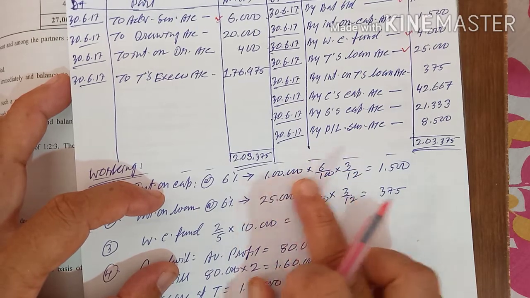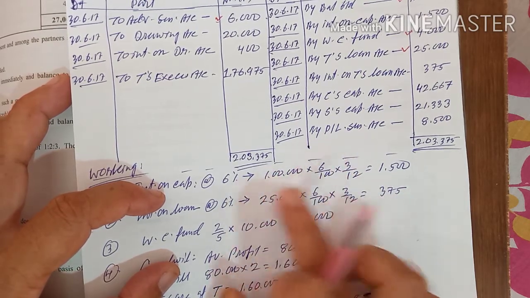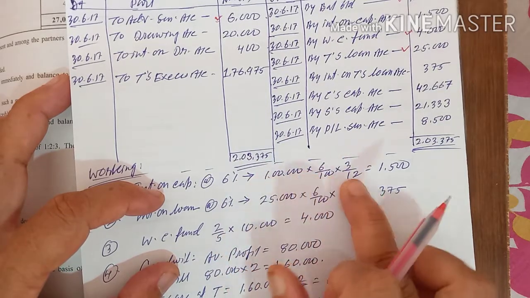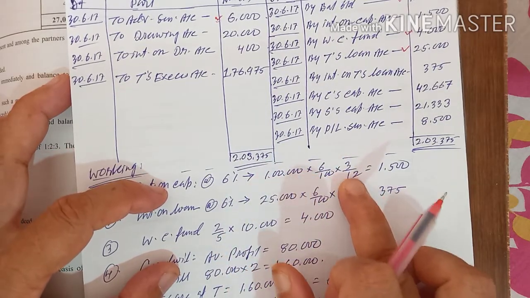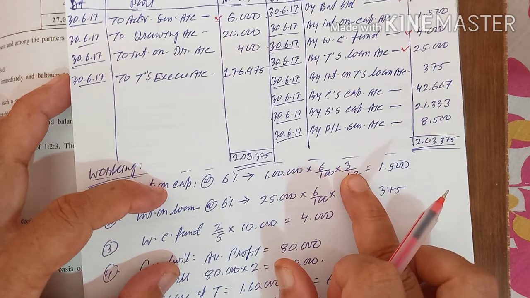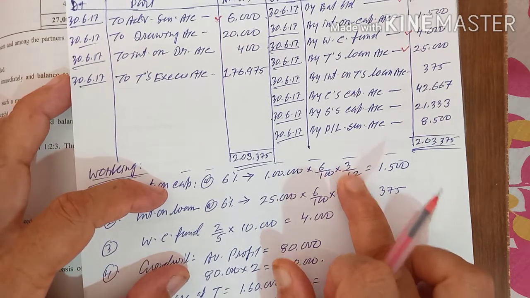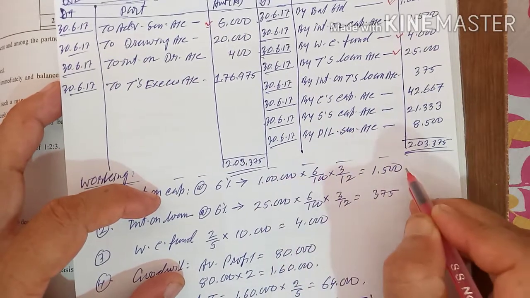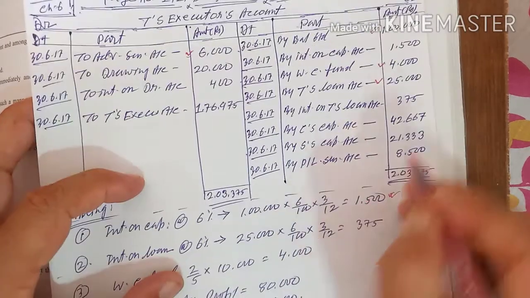If you calculate 6% of 1 lakh, you will get 6,000. But this 6,000 is for the whole year. He will get the interest for 3 months, because he was with the remaining partners for 3 months. So 6,000 multiplied by 3 by 12 is coming 1,500 for interest on capital.